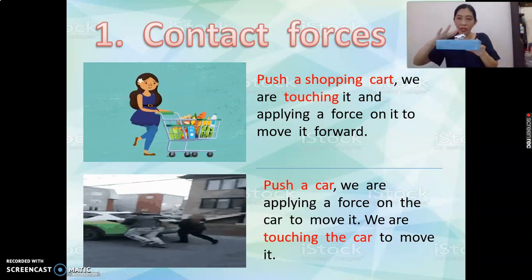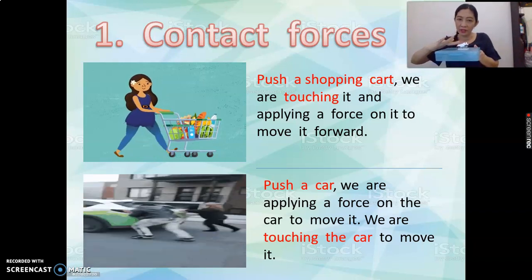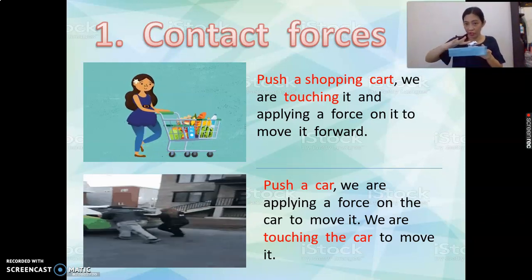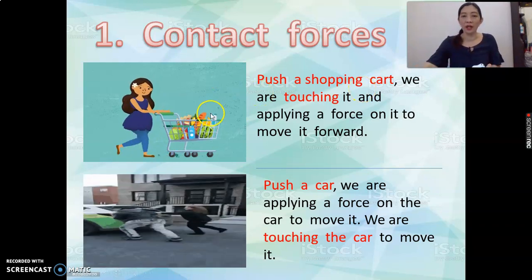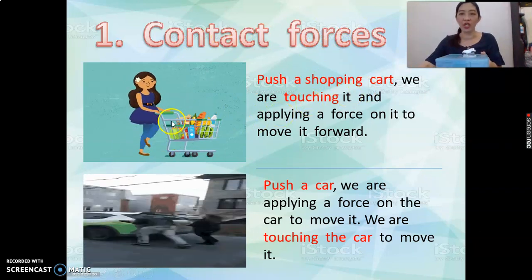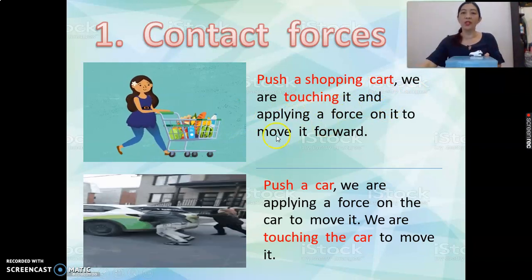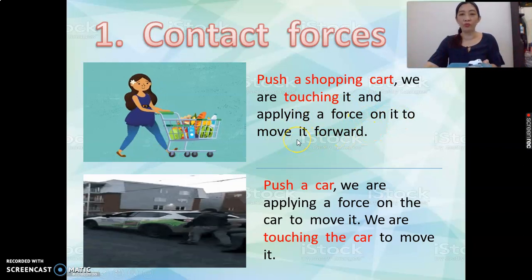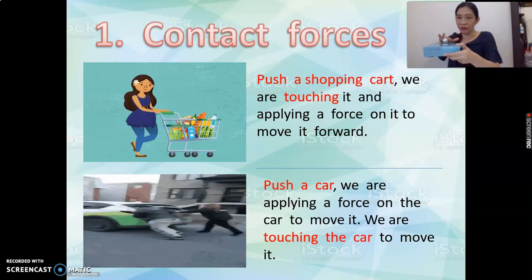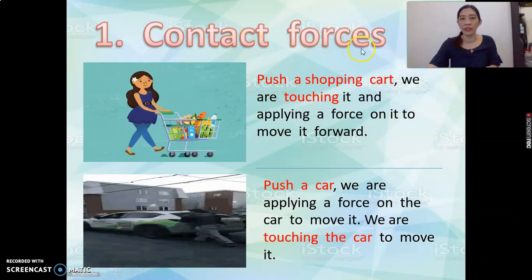When I push the shopping cart, we are touching, so they are touching each other. These are examples of contact forces. When you push the shopping cart, we are touching it, applying a force to it to move it forward. Okay, so these are examples of contact forces.